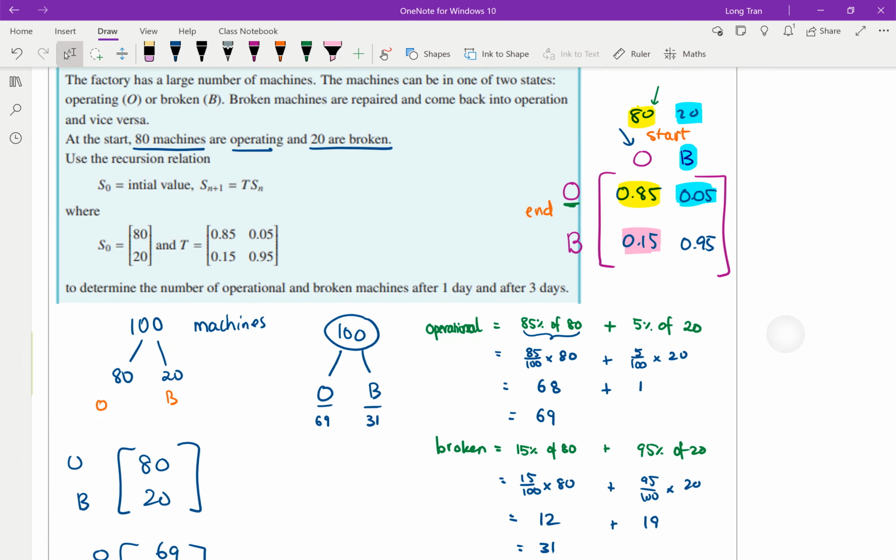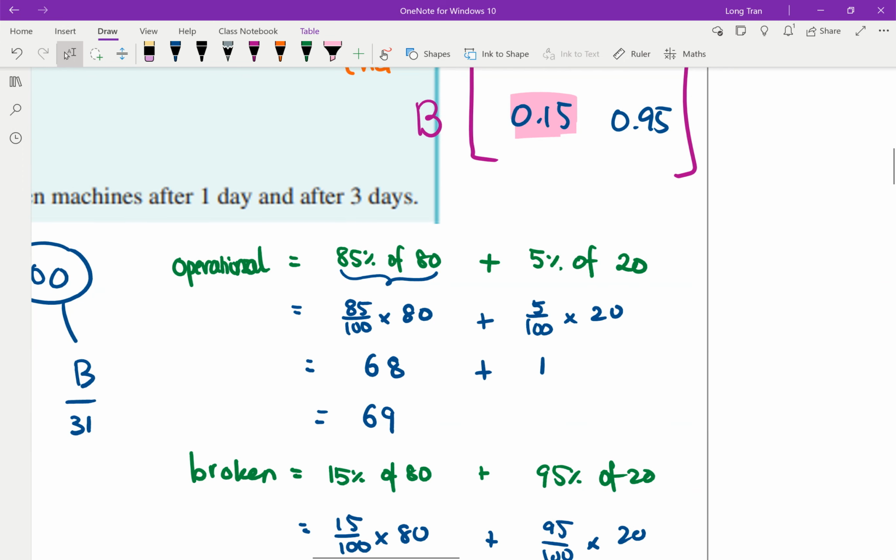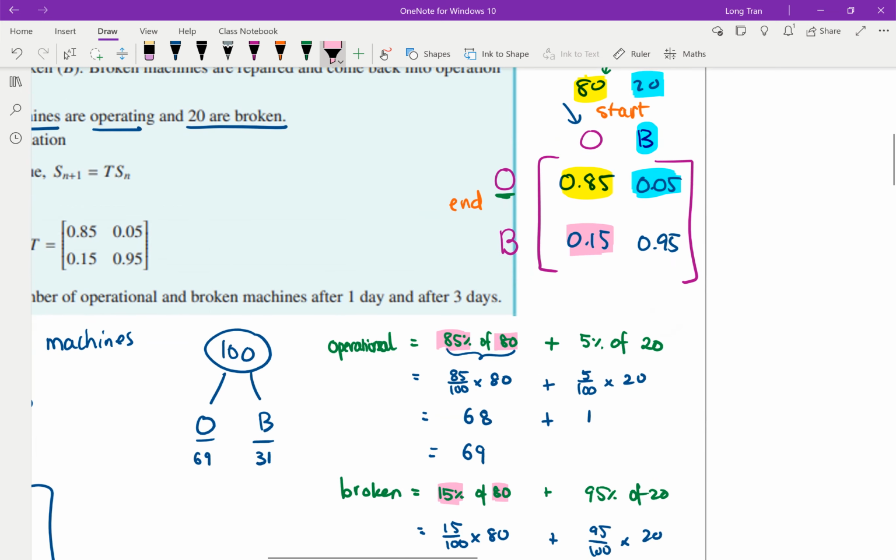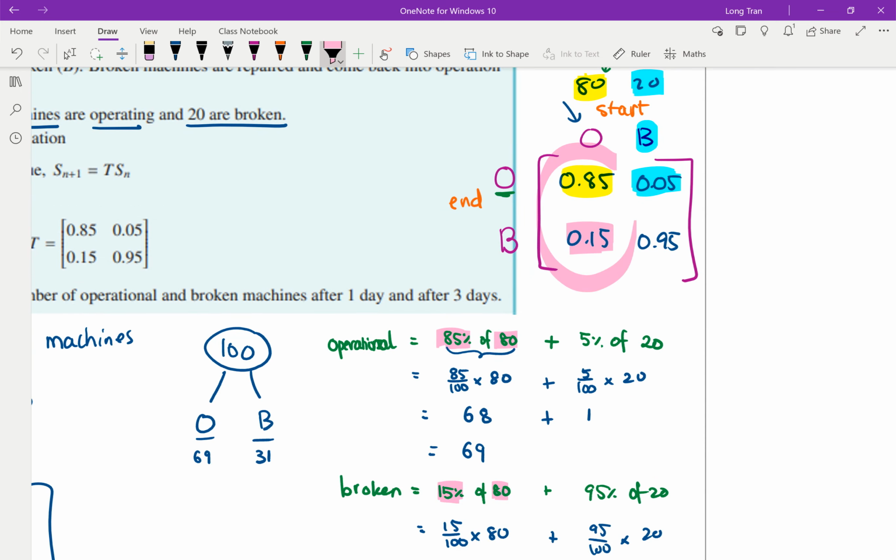And what you can see here is there was a pattern. See, it was 85% of 80 and then 15% of 80. That 85 and 15 actually came from this section, true? And then the 5% and the 95% came from this section.